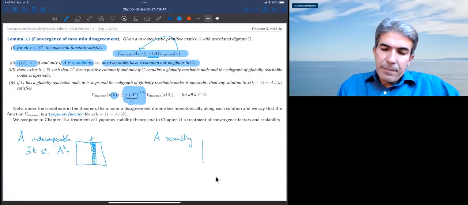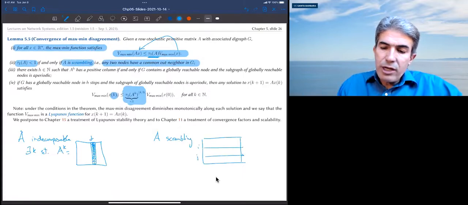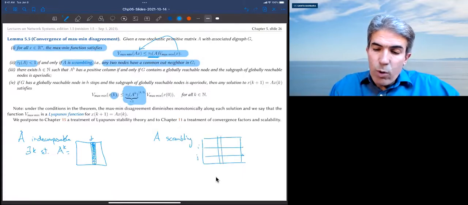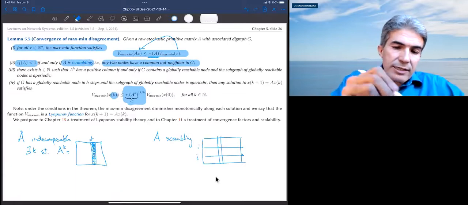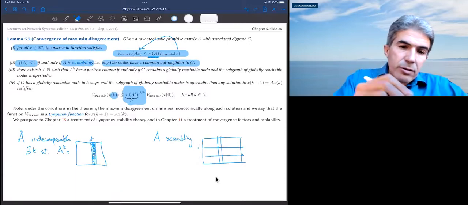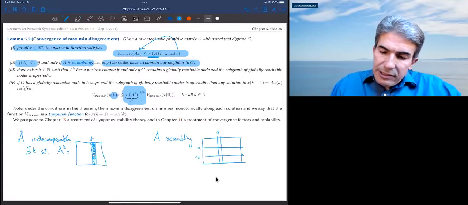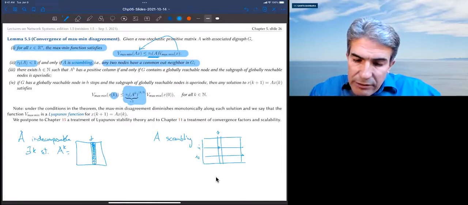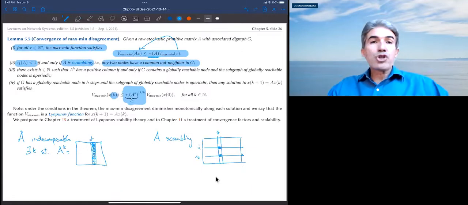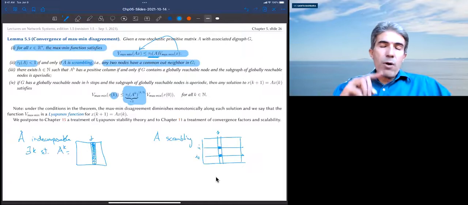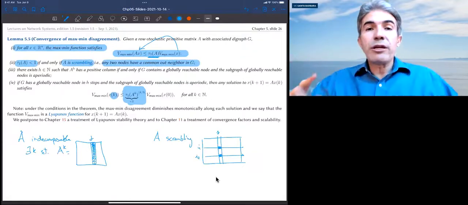Scrambling means that any 2 nodes have a common out neighbor. So in other words, A is scrambling if you take any 2 nodes, I1 and I2, there exists at least one node j such that both entries are positive numbers. So I1 and I2 both jump to j in one step.